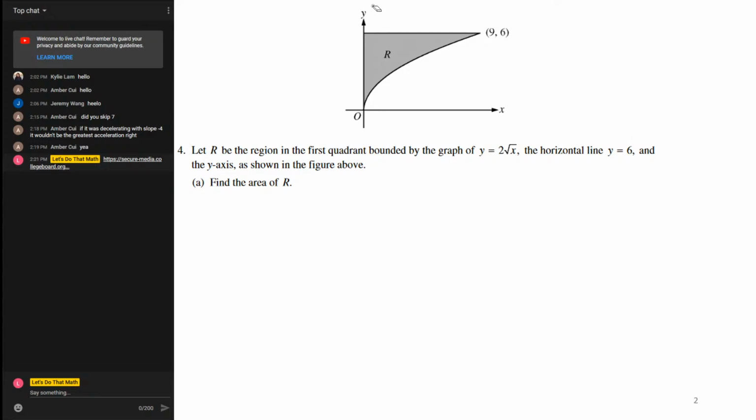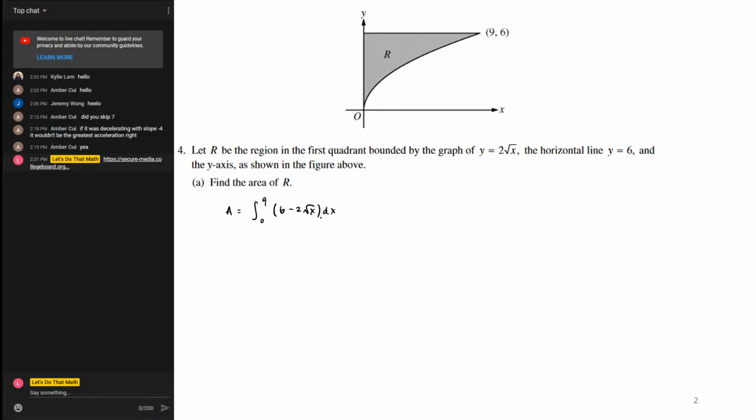We know the left bound is going to be x equals 0, the right one's going to be at 9, so the area of R is going to be the integral from 0 to 9. The top function is going to be that 6 here, and the bottom function is going to be that 2 square root of x. And we just write dx here, right?